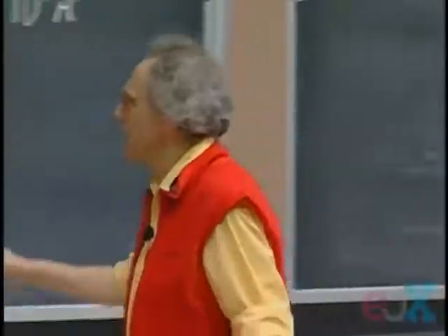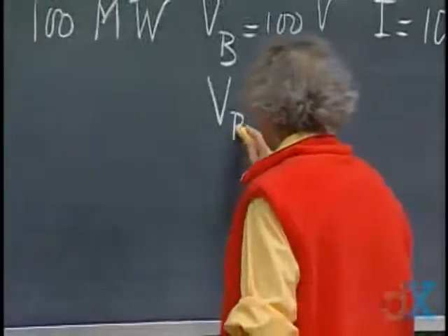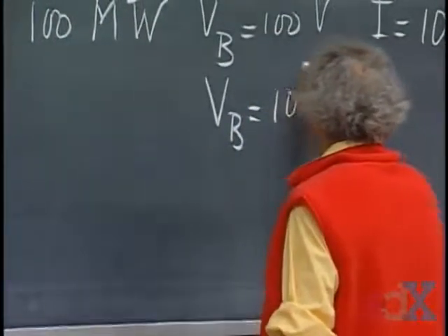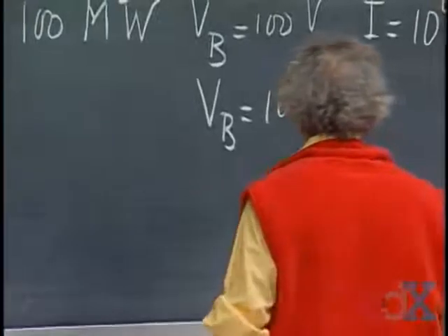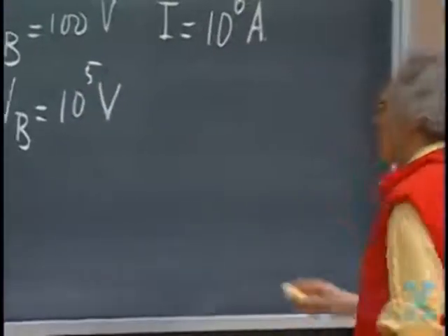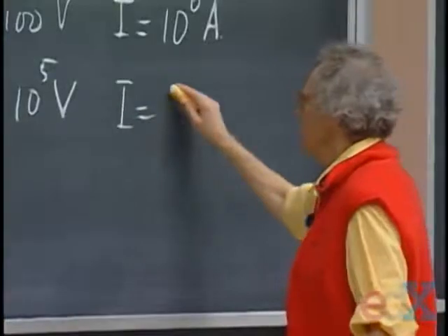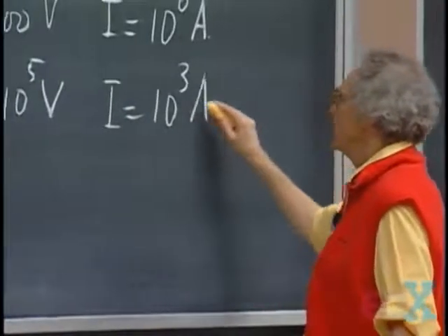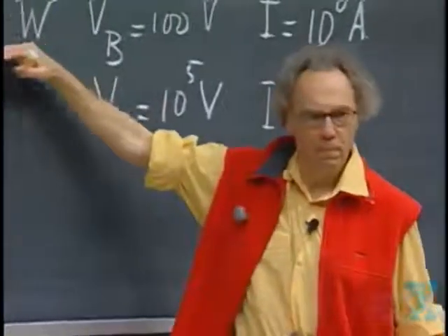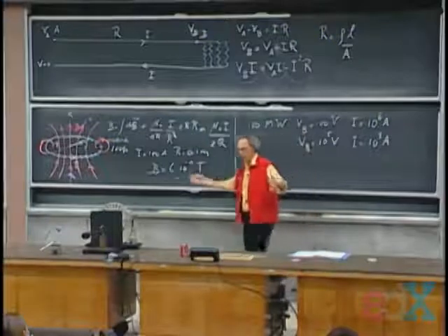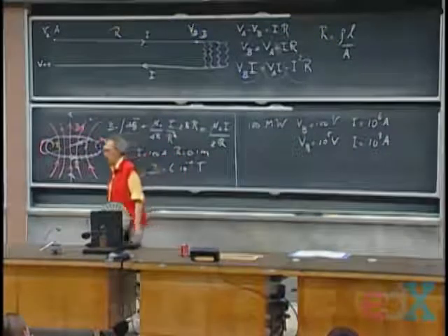Alternatively, suppose that the potential at B in the wire is 100,000 volts, 1,000 times higher. Now the current is only 1,000 amperes. It gives me the same power. In both cases, I am consuming at a rate of 100 million joules per second.